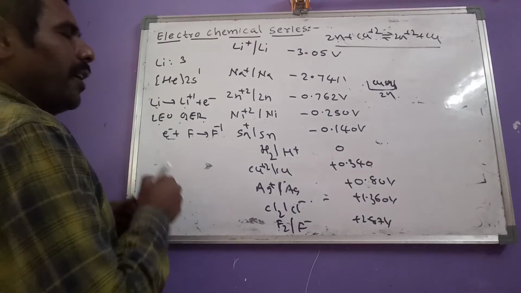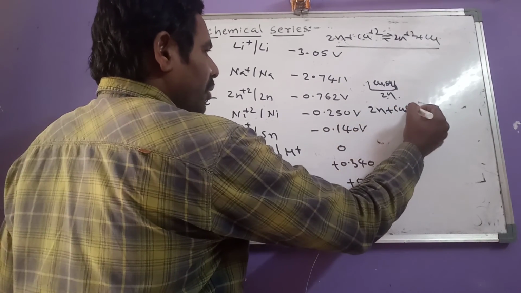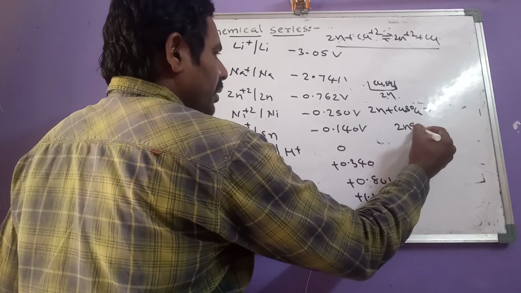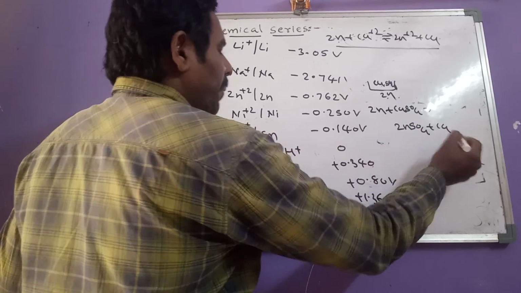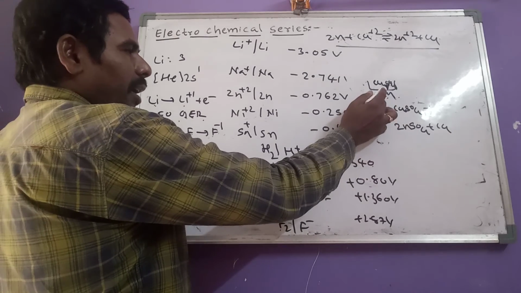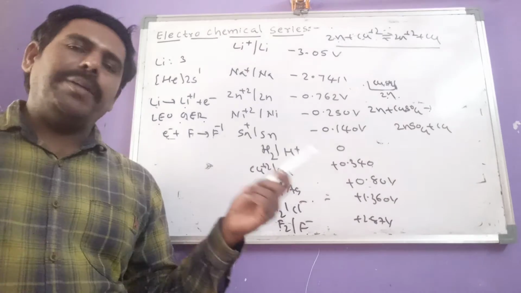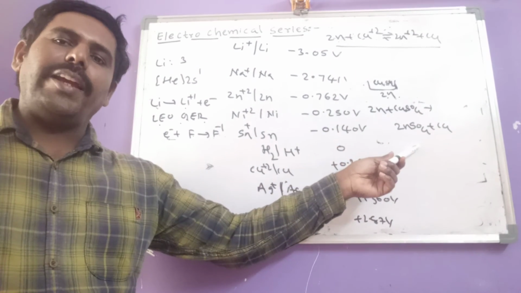Why? Because here zinc reduces copper sulfate solution, and zinc sulfate and copper are formed. That means after some time the copper sulfate taken in the zinc vessel is changed into zinc sulfate.